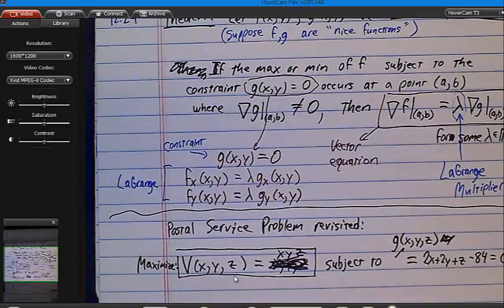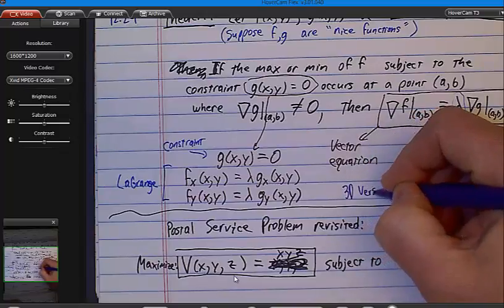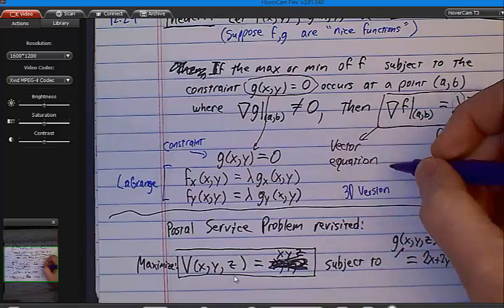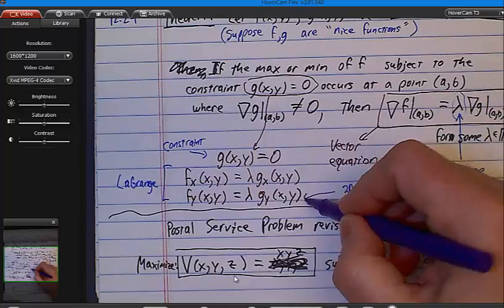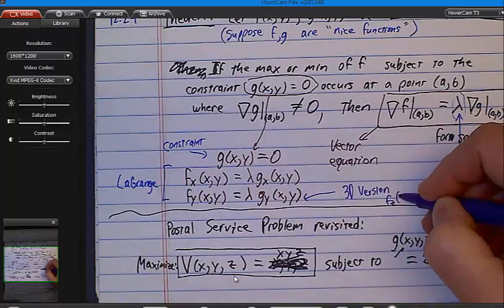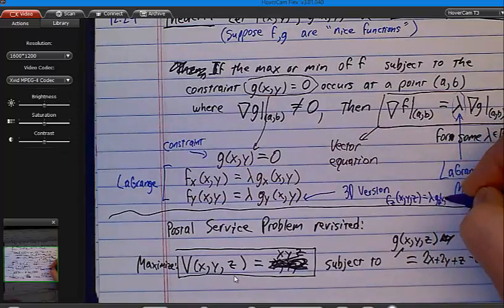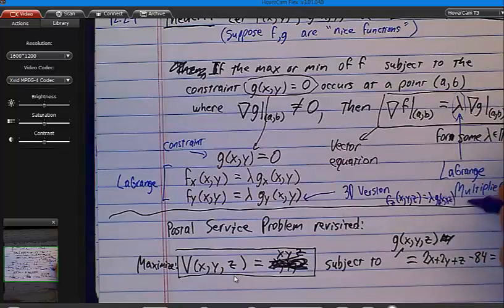So in the 3D version, you also have fz of xyz is equal to lambda times gz of xyz. And that's what's really going on in this problem.